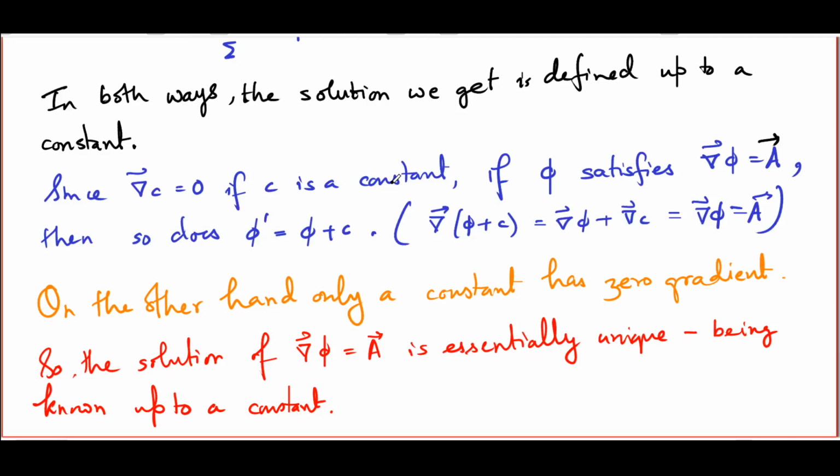For example, if you were to calculate the potential due to a positive point charge q at the origin, then the potential at a point at a distance r from it would work out to be, using the simple Coulomb's law and the integral that we outlined a while ago, q by 4 pi epsilon 0 into 1 over r minus 1 over r0, where r0 is the distance from the origin of the arbitrary point that we had chosen as a 0 point for phi, the scalar field.